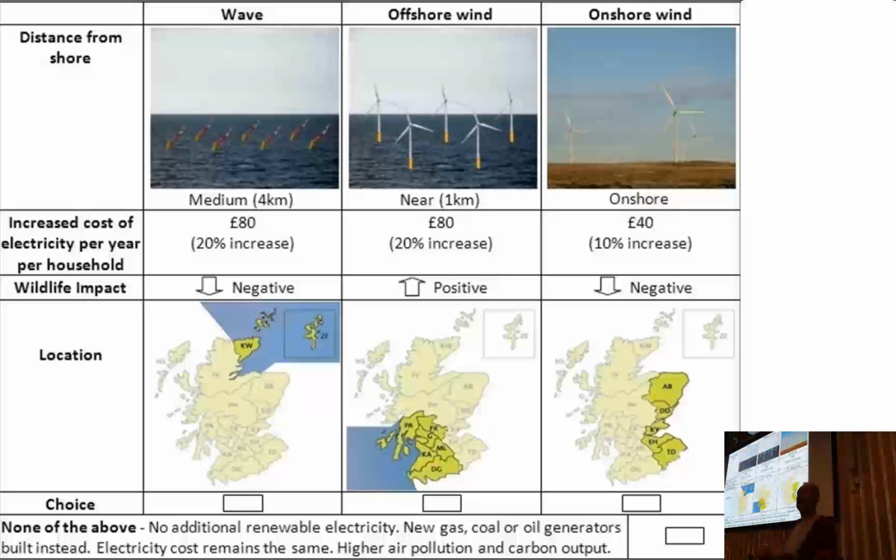Which of the three options do you think is best? Right? Tick the box that is here, or if you dislike everything, we just keep things as they are. That is, we're going to continue to rely on coal and gas, not so much oil, which of course leads to greater emissions to the environment, right?